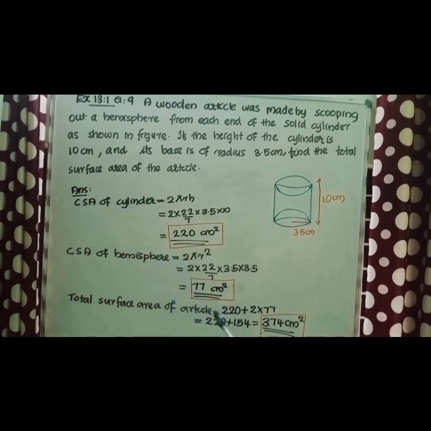Total surface area of the article equal to CSA of cylinder plus CSA of two hemispheres, that is equal to 220 plus 2 into 77, that is equal to 220 plus 154, that is equal to 374 centimeter square.